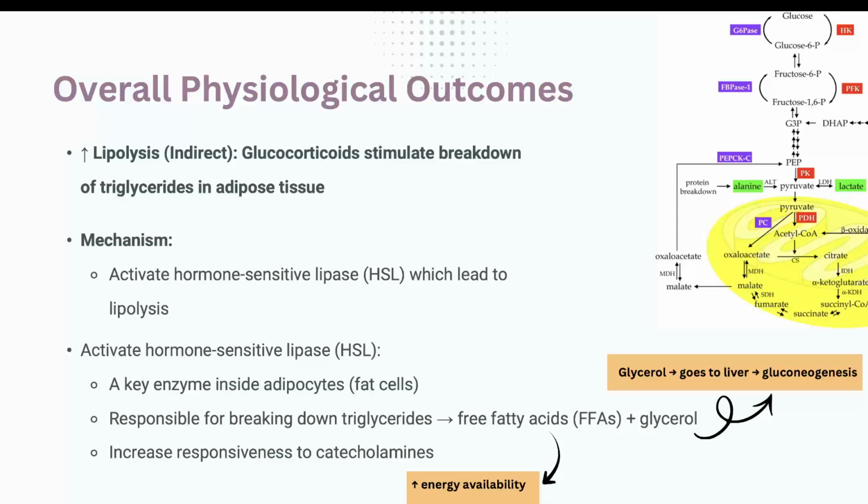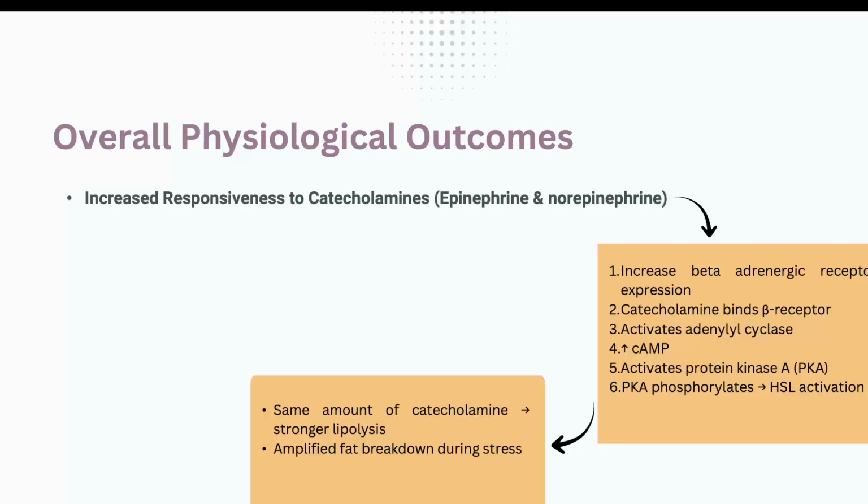We need free fatty acid, we need a normal level of energy, but with time, using exogenous glucocorticoids for a long period of time repeatedly, or an abnormal increase in endogenous cortisol, leads to a shift from normal lipolysis to abnormal lipolysis. Abnormal lipolysis leads to fat redistribution.